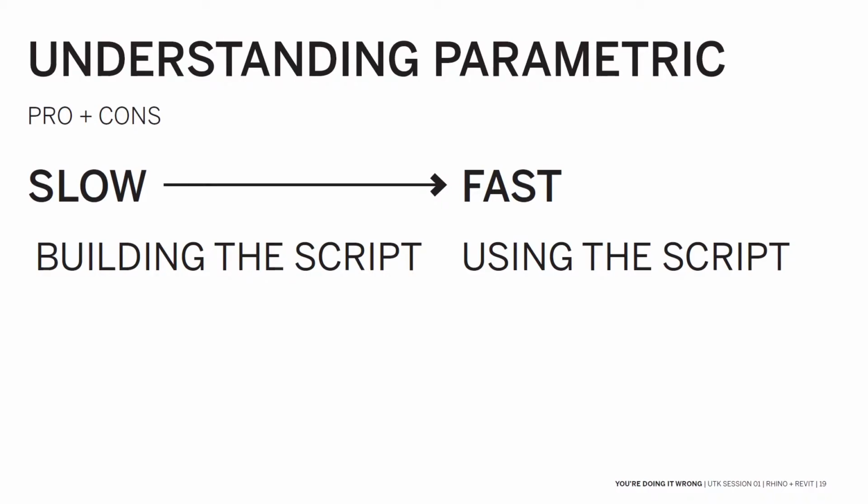In a typical workflow, when you're the computer and you're the person doing the work, you're typing in move and you're boolean something out and you have to do that process again, that's where the time comes in. You're like, oh, I have to do that process again and again each time I make a change. Or I can build a script. It takes time to build the script, but now that the script is done, I can generate a lot of geometry after the fact. So that's where the speed advantages come in when you're using parametric design.